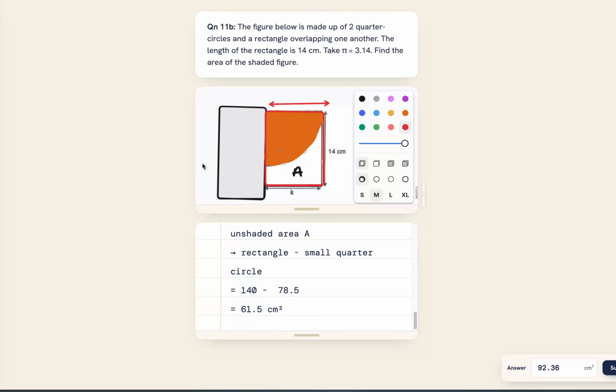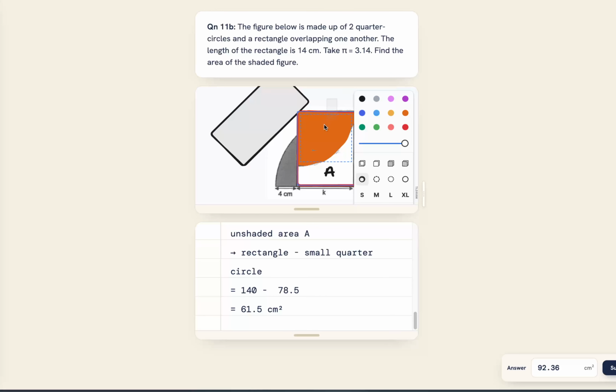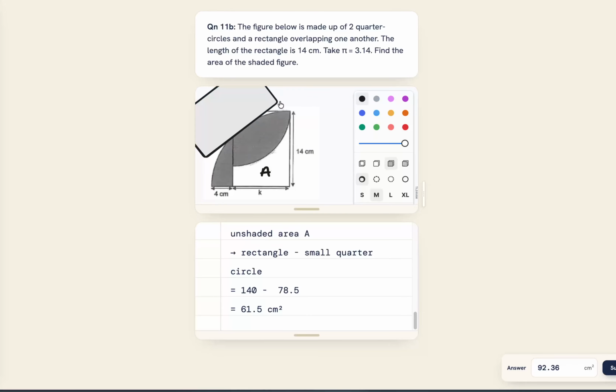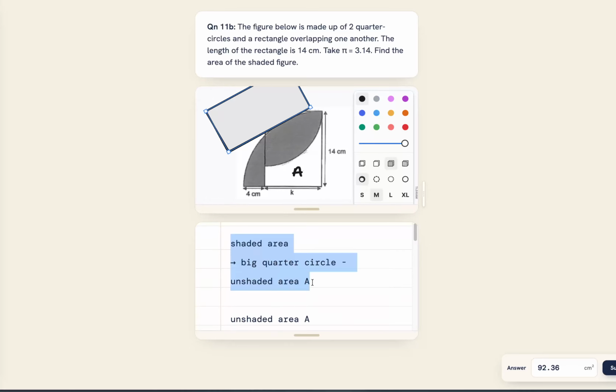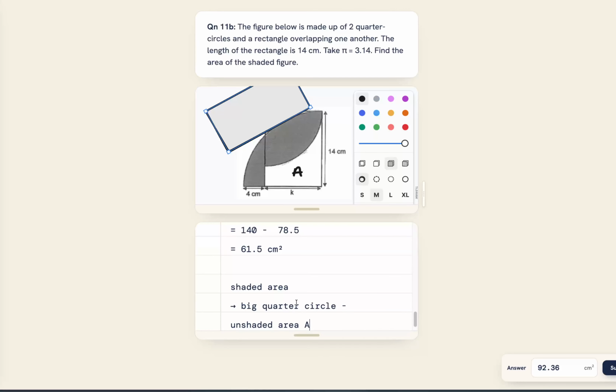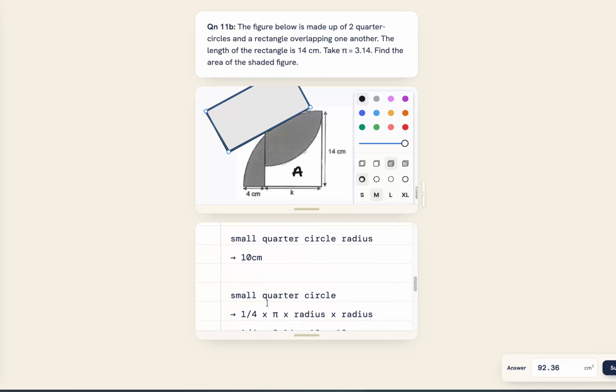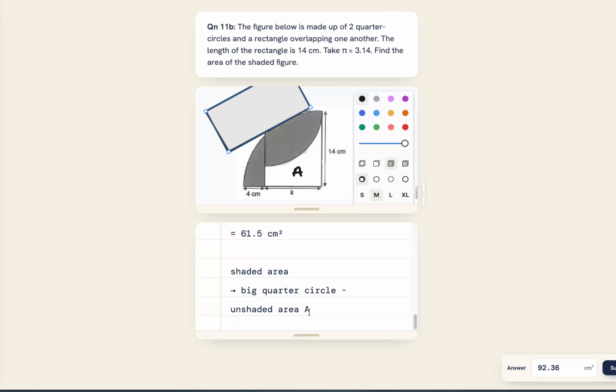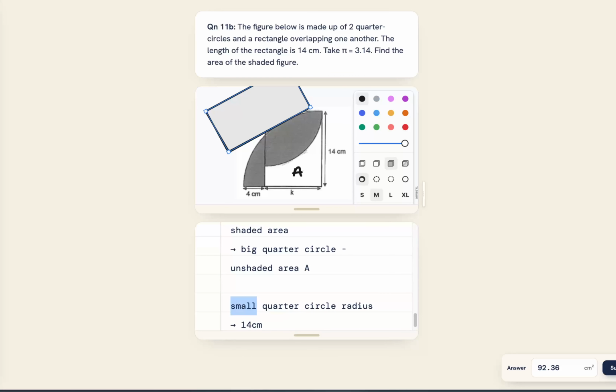Now after that, once we find the unshaded area A, the next thing is we get the big quarter circle minus the unshaded area A. I'm just blocking the other part. So shaded area would then be big quarter circle minus unshaded area. The big quarter circle radius is 14 centimeters. So this is the big one.